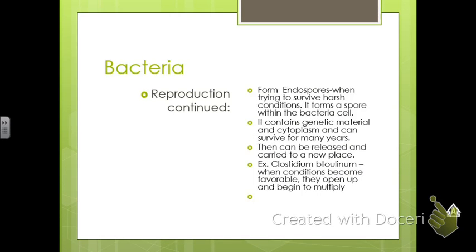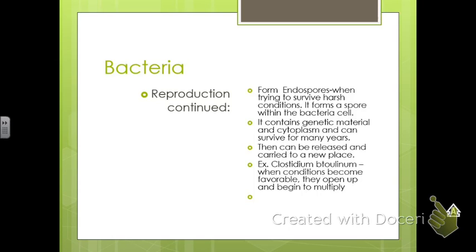Bacteria that live in the harshest environments, the deep ocean, extreme heat, extreme cold, sometimes store their genetic material in a spore within the bacteria cell in order to survive. It's not reproducing at that time, but its genetic material is in storage, and then when the conditions become more favorable, that spore can open up and reproduce a new bacteria.